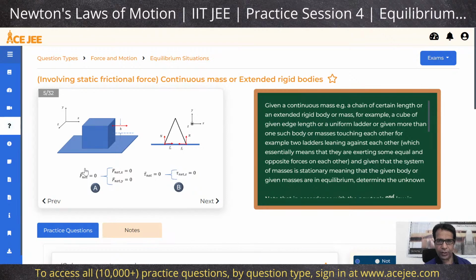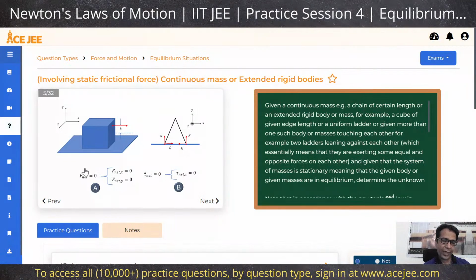Okay. And whenever dealing with torque, Manan, I'm not sure beta if you were in the class. So whenever we're writing tau z equals 0, for example, in the case of ladders, the first question that you have to ask yourself is torque about what point is 0, or torque about what axis is 0. Make sure you always define very clearly in your head what axis you're writing it about, right?